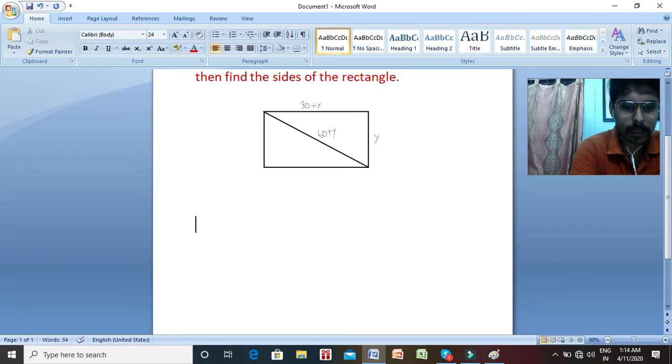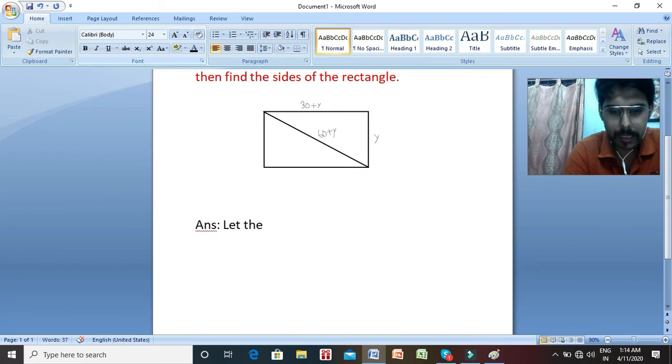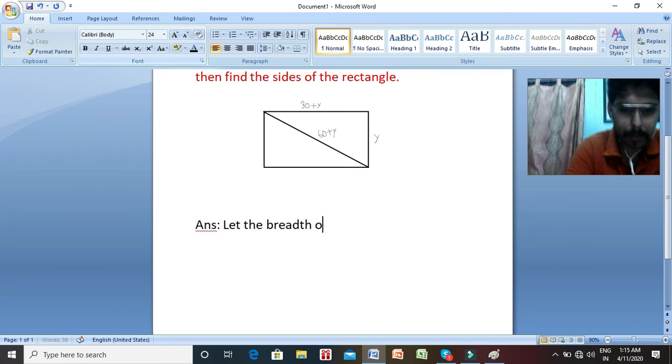Answer: let the breadth of the rectangle be y meters.